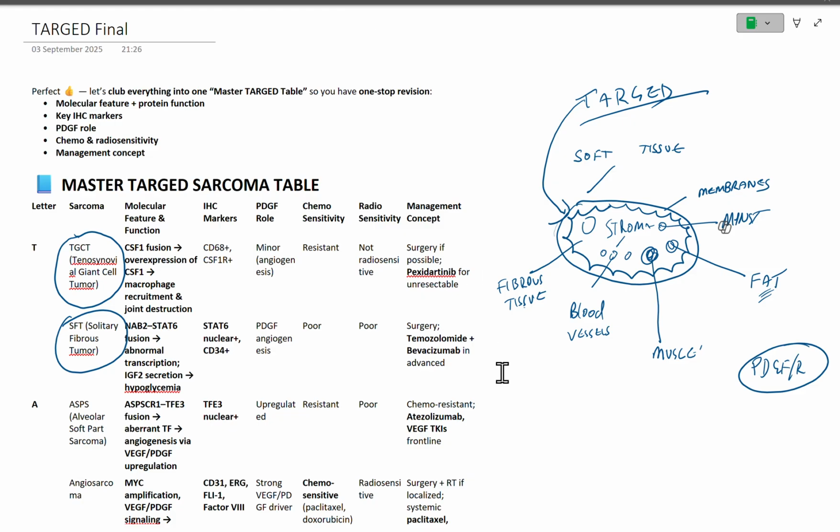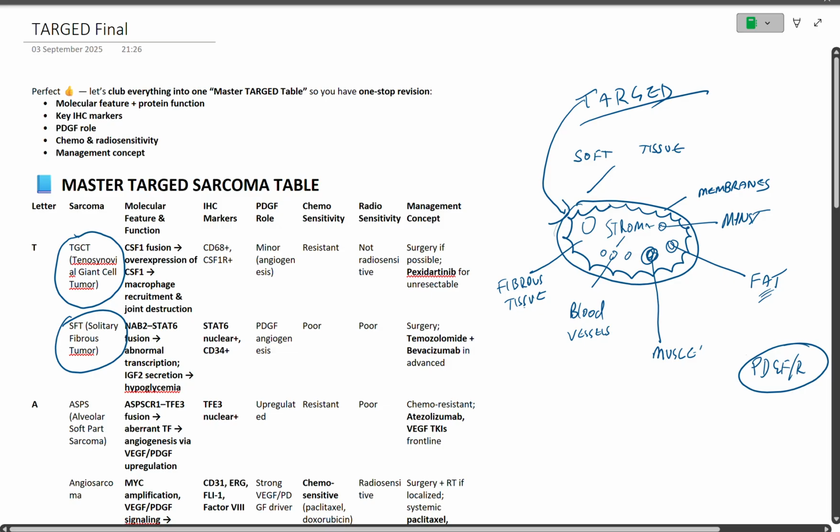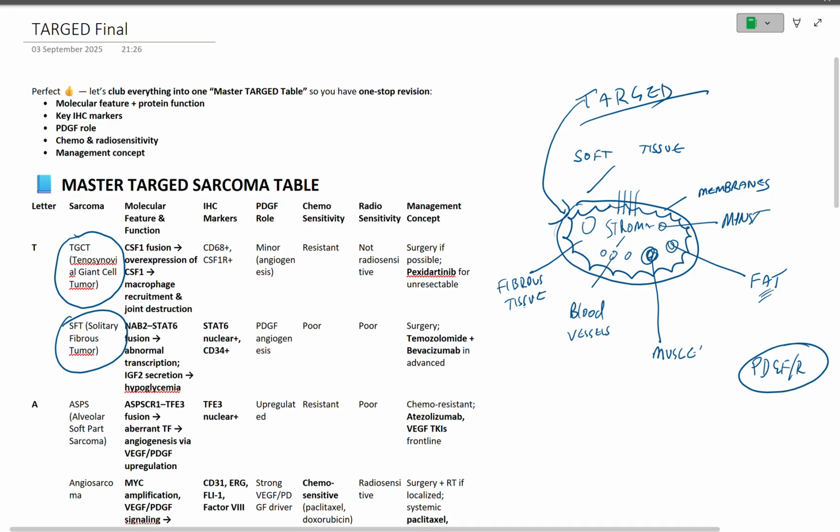Once you've conceptualized and organized it very easily, you know that all of these have usually the platelet derived growth factor, or there is some receptor tyrosine kinase, where you have growth factors and then you have the downstream pathways.